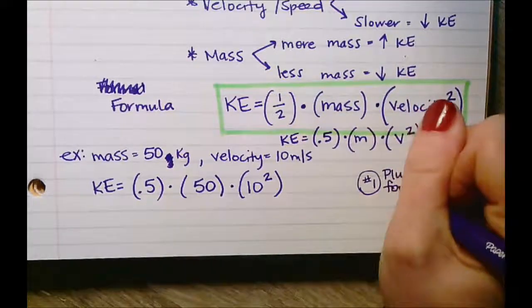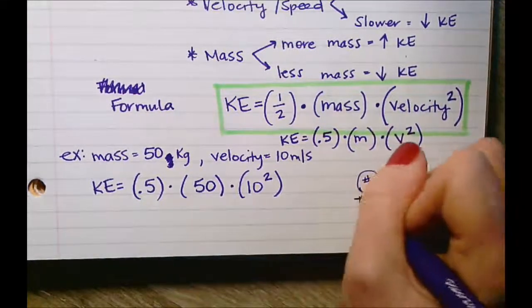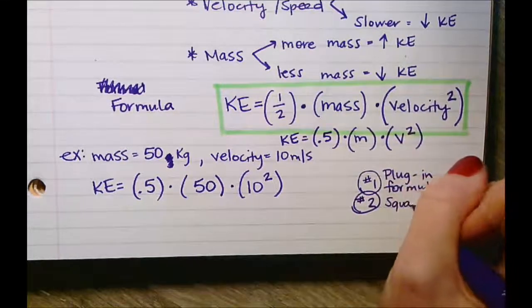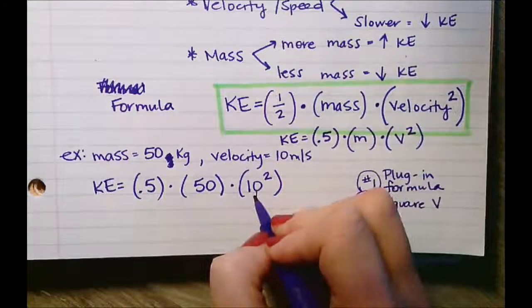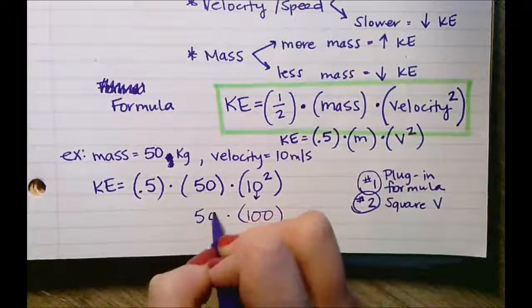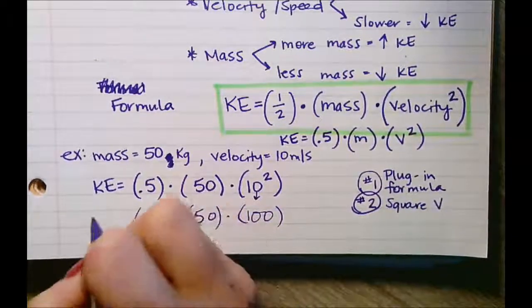Number 2 step would be to square the velocity. So we do 10 times 10, which is 100, times our original 50, times our 0.5, which is our 1/2.